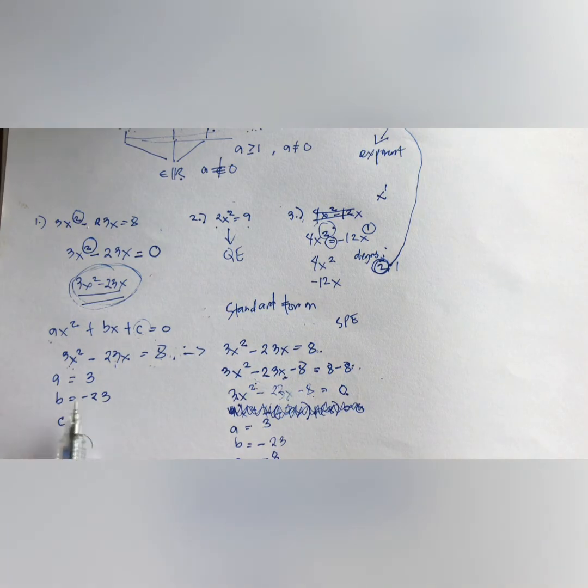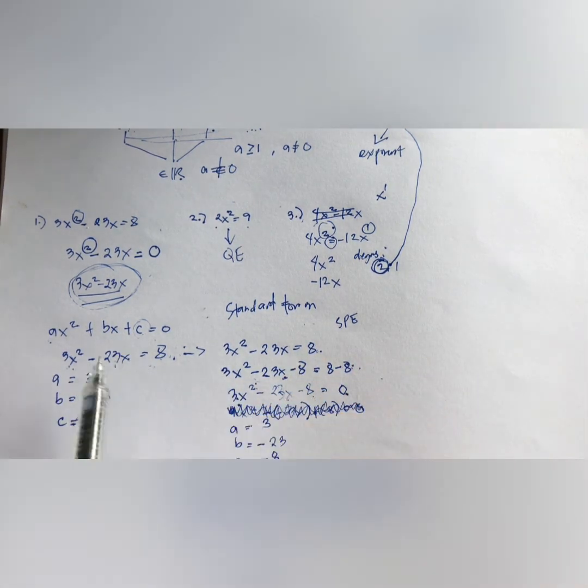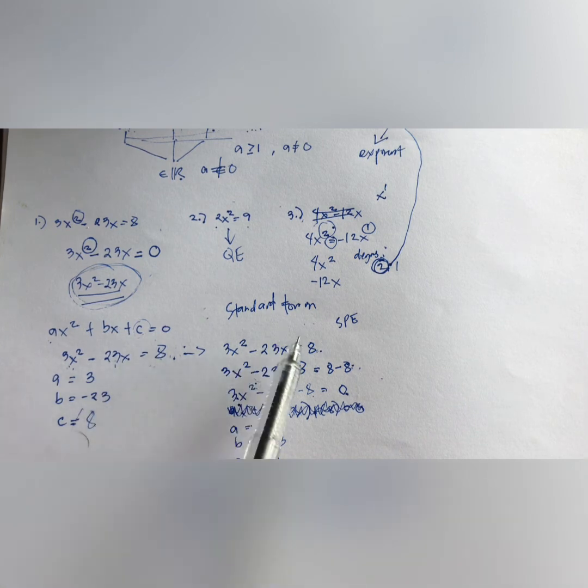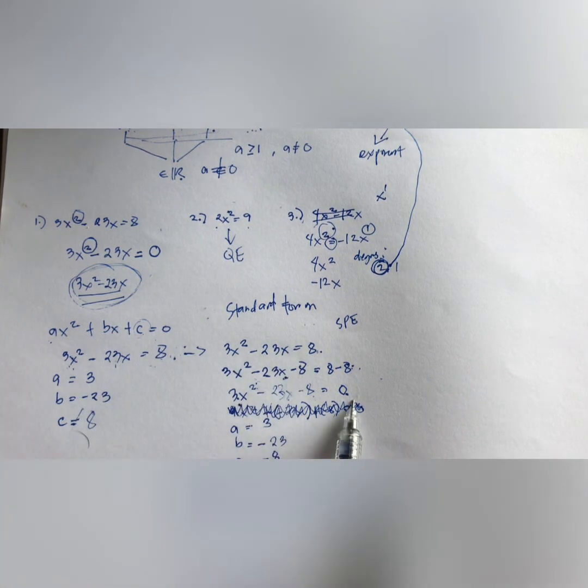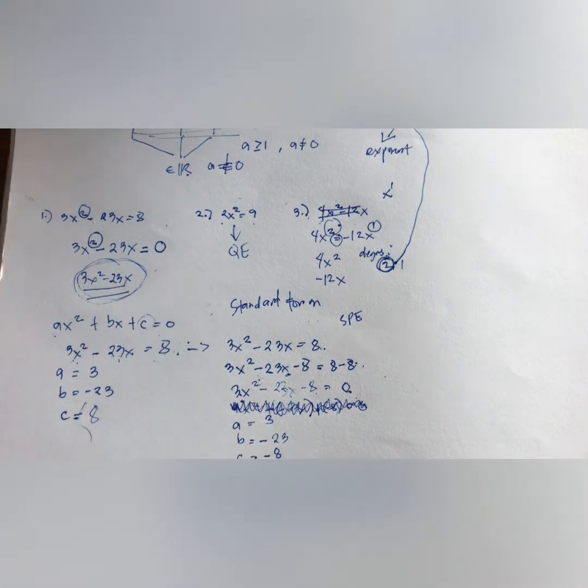Diba? Kung diretso kita magkuha ng values ni a, b, ug c, pwede nato ibutang ang value ni c nga 8, which is wrong, kay wala pa man siya sa standard form. So, we have to convert this one into the standard form first before taking the values of a, b, and c. Claro?